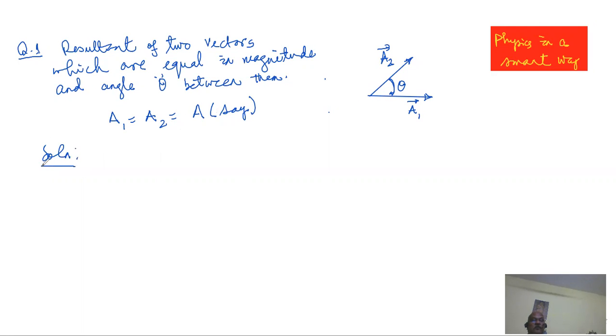So considering a student solving it, solution using the parallelogram method or cosine rule.